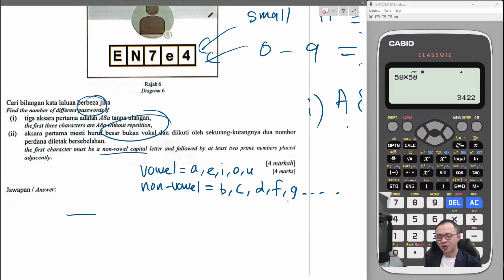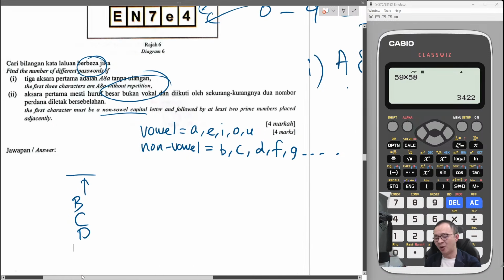They want non-vowel capital, so it's either capital B, capital C, capital D, and so on as the first letter. So you can see a lot here.